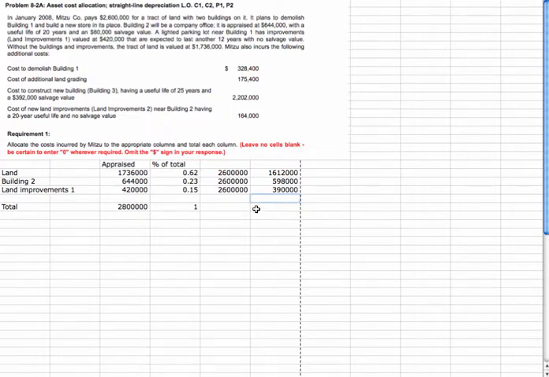So what I've done is I multiplied my purchase price of $2,006,000 times the allocation percentage to figure out how much is my apportionment cost.